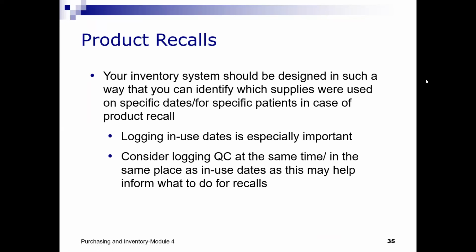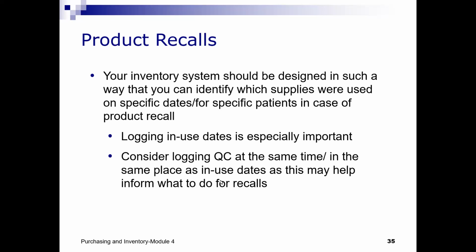Okay, great. In terms of product recalls, as I mentioned earlier, your inventory system should ideally be designed in a way that you can go down to the individual patient level in terms of which supplies were used. So if there's a recall where a given product has been deemed to be unreliable and you should not be trusting the results, your log should be able to say, okay, these are the dates this product was put in use.